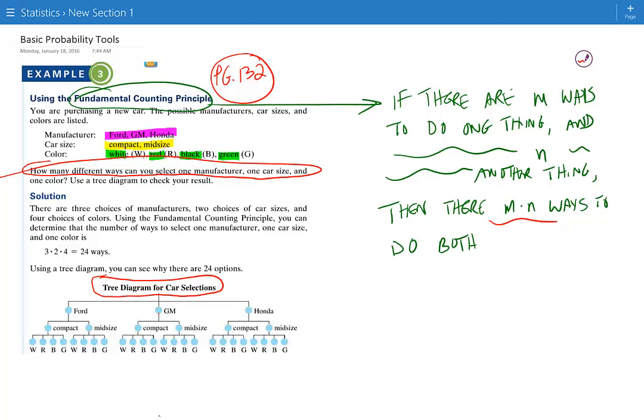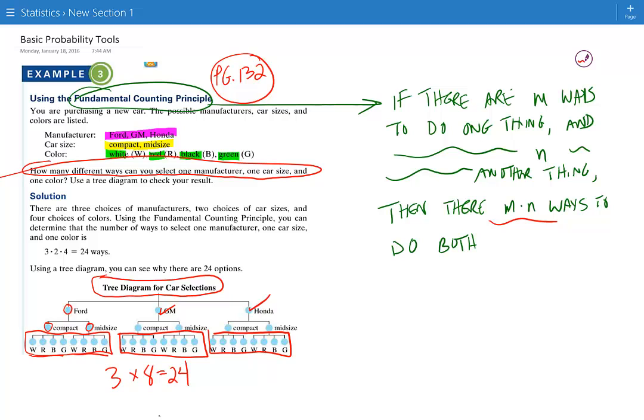Notice if we just go with the Ford off the top, you have 2 choices with the Ford. You can get a compact or a midsize, and in each case you can get the same 4 color options. Well, the same is true for GM and for Honda. And so there are 8 ways that you see down here; all 3 manufacturer choices have 8 ways to do it. 3 times 8, I think everybody knows, is 24.